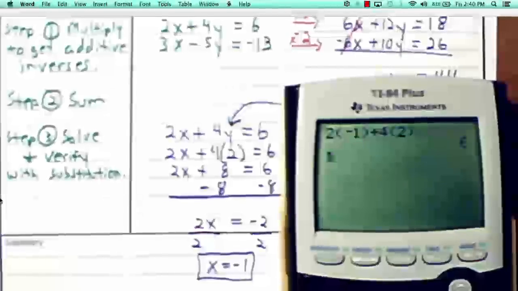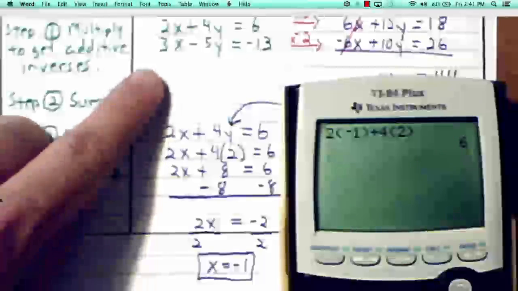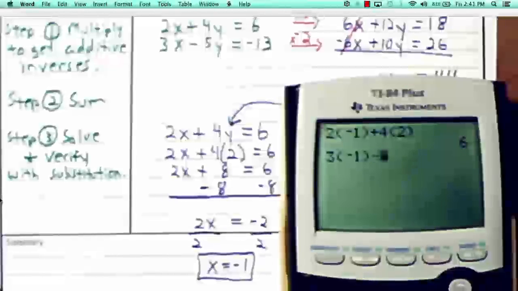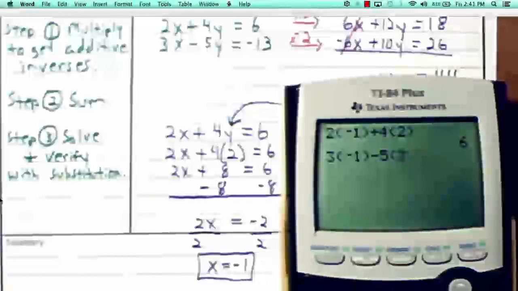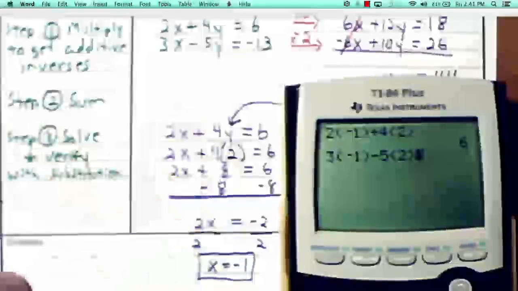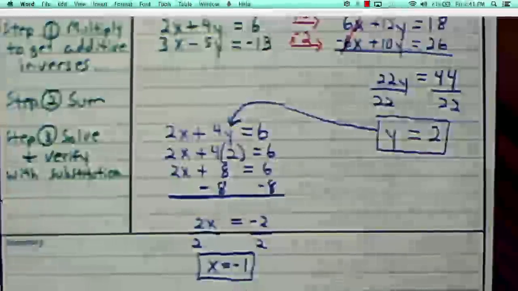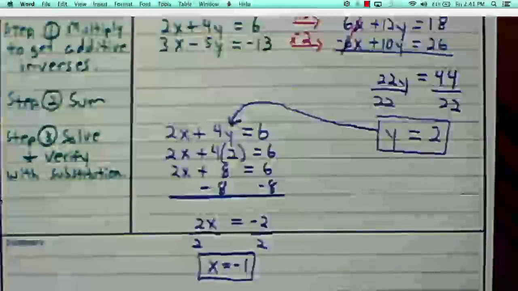We hope that's 6. And it is. Into the second equation. 3, open parentheses, -1 for x, minus 5, open parentheses, 2 for y. We hope that to be -13. And it is. Therefore, we see that -1 and 2 is the solution.